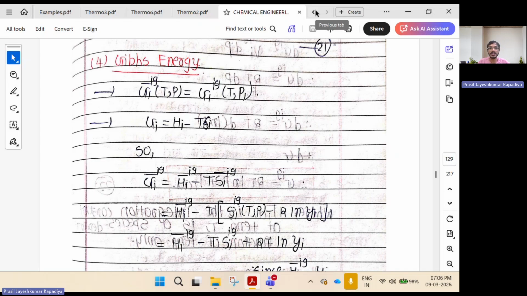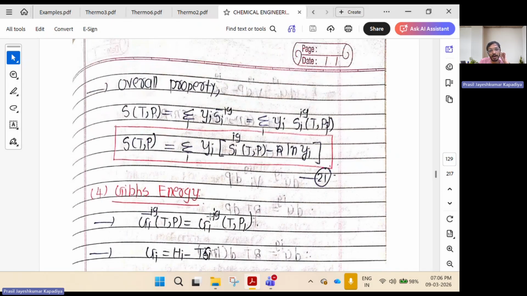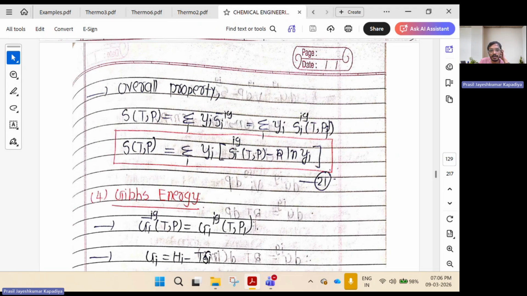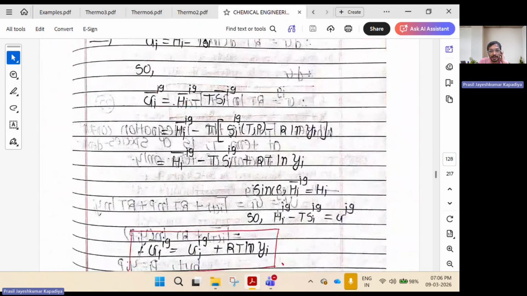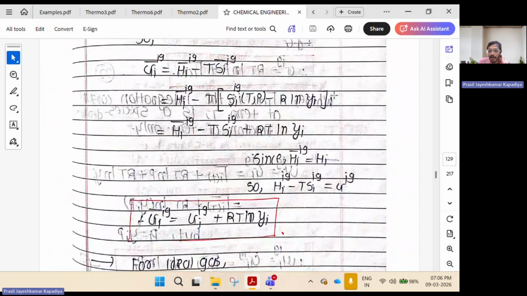All thermodynamic functions are also applicable to partial molar properties. So I can write Gi bar ideal gas as Hi bar ideal gas minus T times Si bar ideal gas. Hi bar ideal gas remains as it is, T remains as it is, and Si bar ideal gas is nothing but Si ideal gas at T, P minus R ln yi.